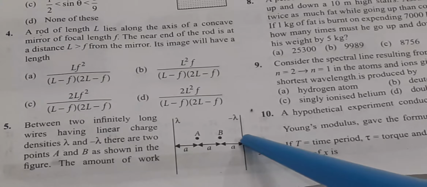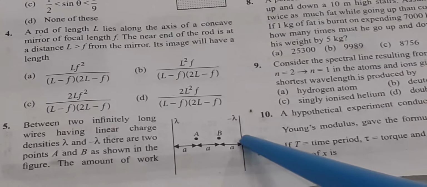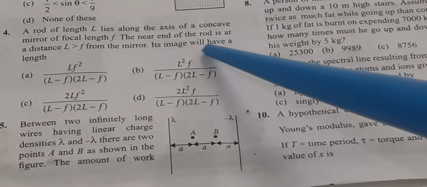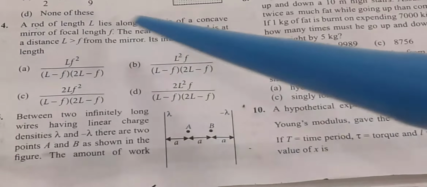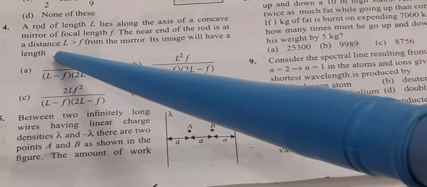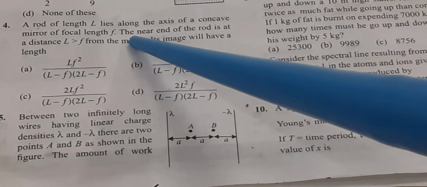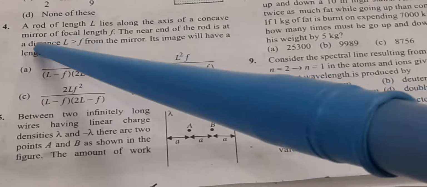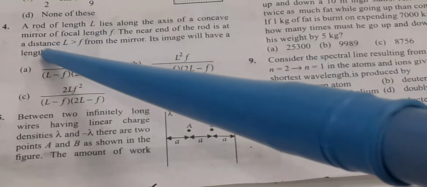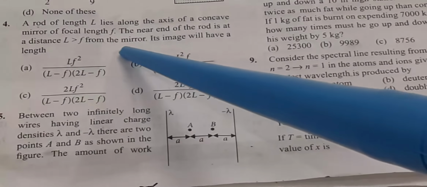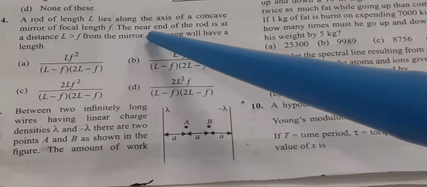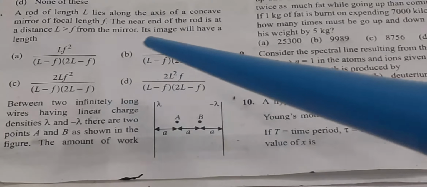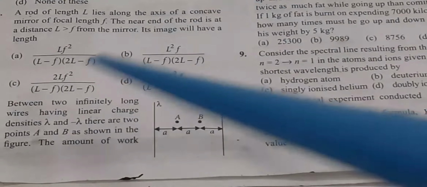Next, a rod of length L lies along the axis of a concave mirror of focal length F. The near end of the rod is at a distance L greater than F. This is the condition given here, that L is greater than F: the near end has to be placed beyond the focal length, away from the focus.